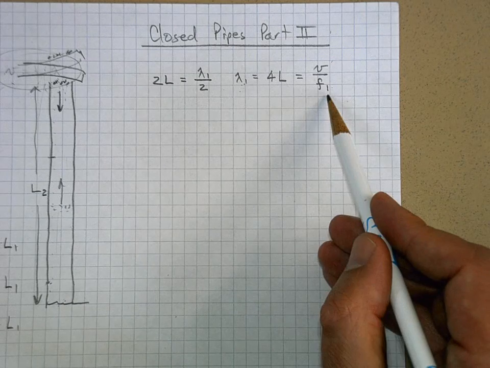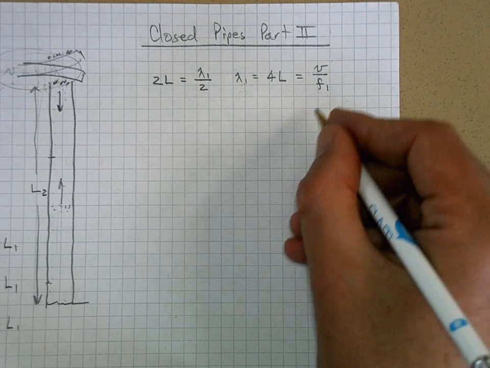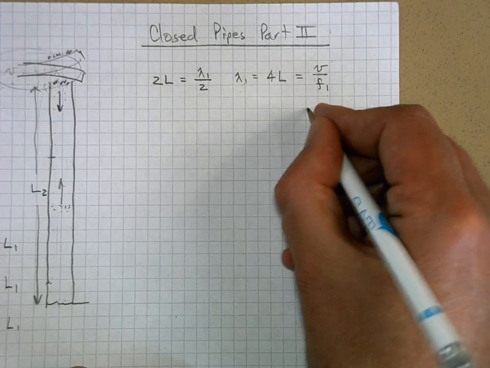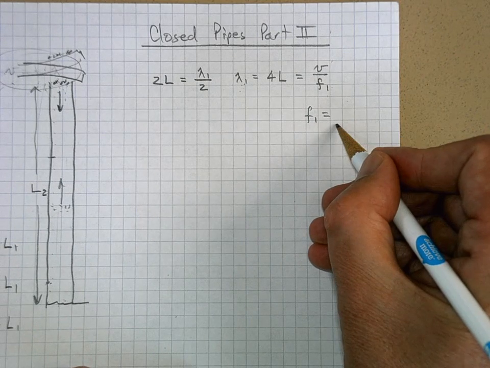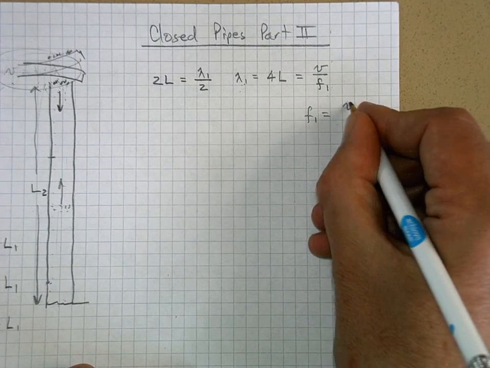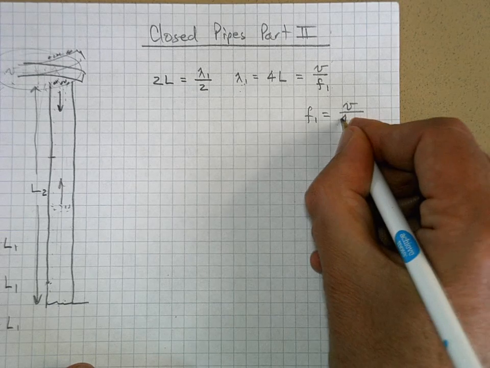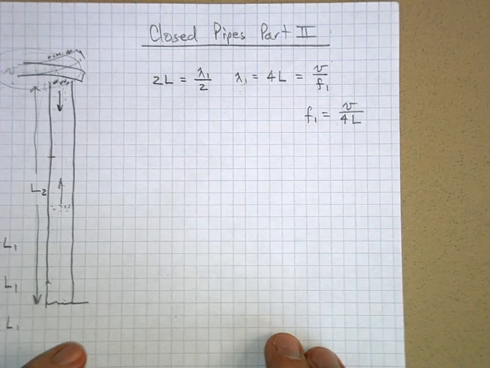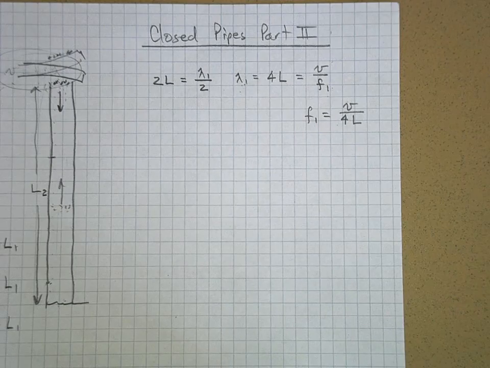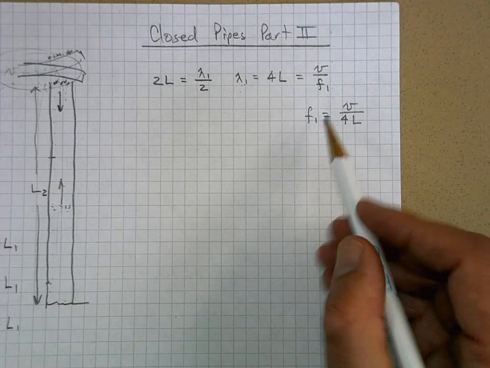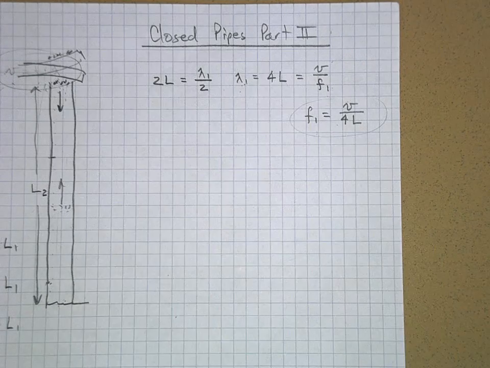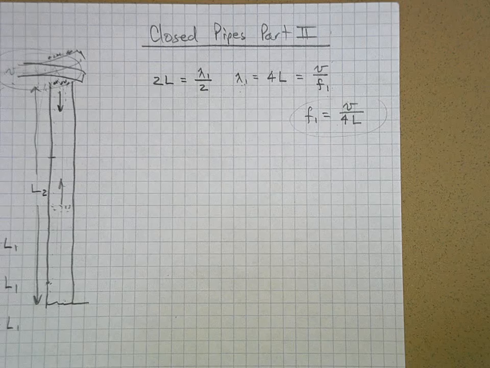So now I can solve for F1, and I can say that F1 is equal to the speed of sound over 4L. This is the lowest possible frequency, the lowest frequency that will resonate in that pipe.